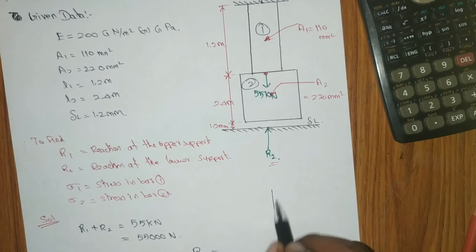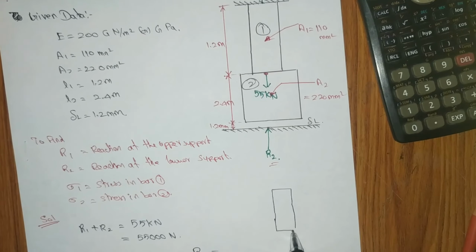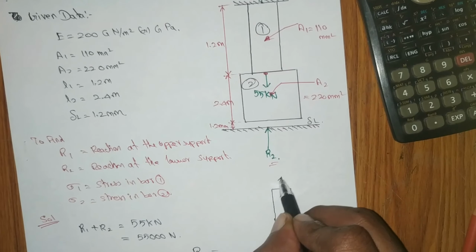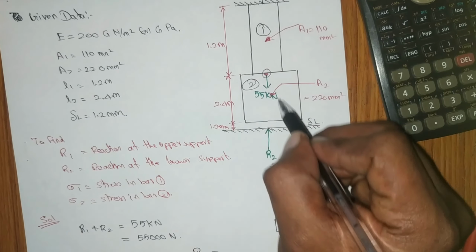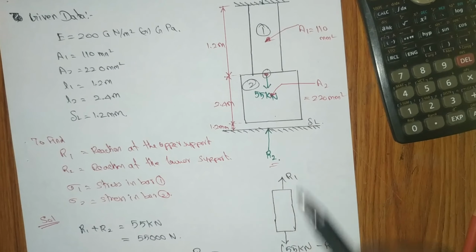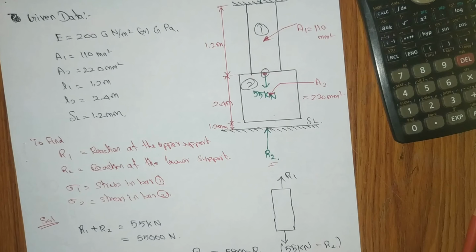If you take bar 1 alone, this is the influence of the 55 kilonewton as well as R1. With respect to the second, you have to subtract the remaining R2. This point is common for both, and we don't know what R2 is. So R1 will be 55,000 minus R2.